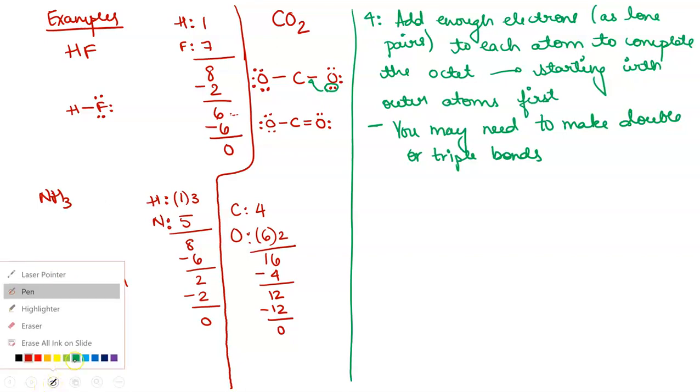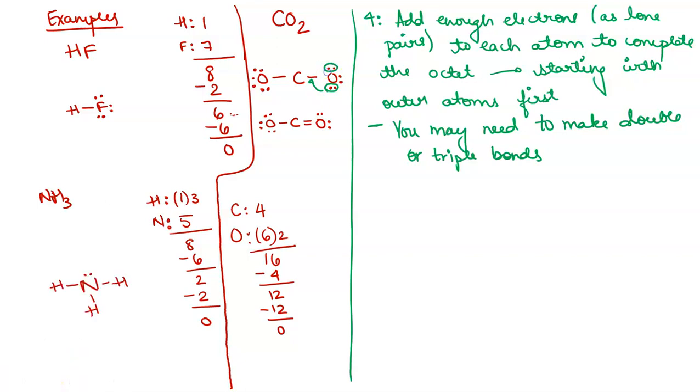So we still need to put another pair of electrons for that carbon. Well, how about we take another lone pair and put that in between the carbon and the oxygen. And you could do this with the carbon and the oxygen on the left-hand side too. There's nothing wrong with that. I just picked that one automatically. Okay, so you can totally do that. So what do we end up with?